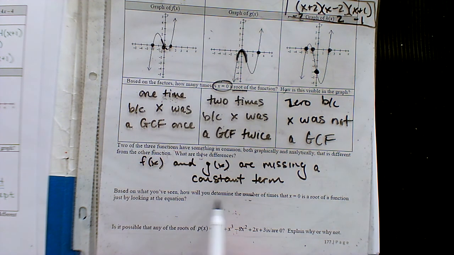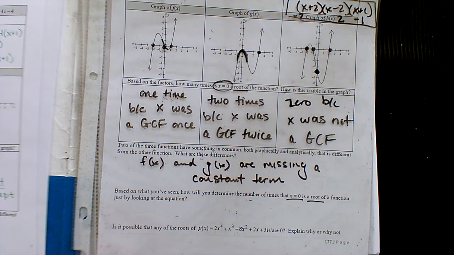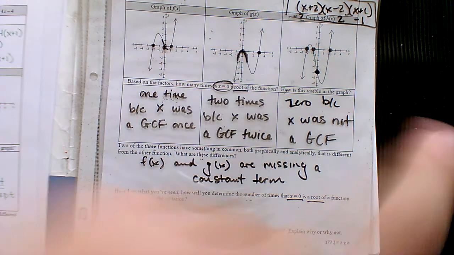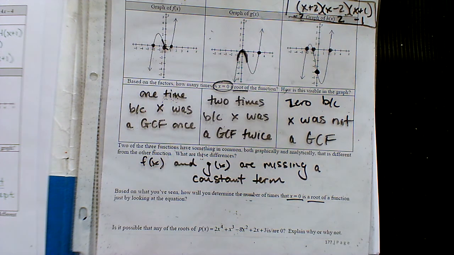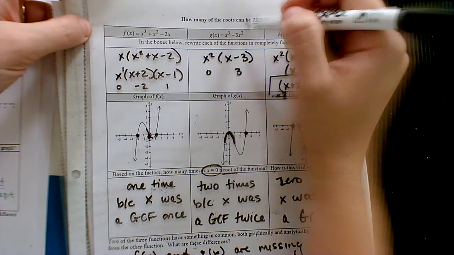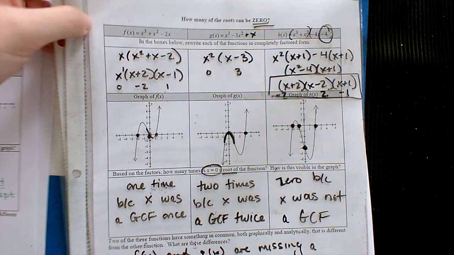Based on what we've done, how will you determine the number of times x equals 0 is a root? How can you just look at the equation to determine if it's 1 time, 2 times, nothing? What do we think? Yeah? Just depending on how many x's you're working with, like if there was a plus x on the end, you're saying, okay.